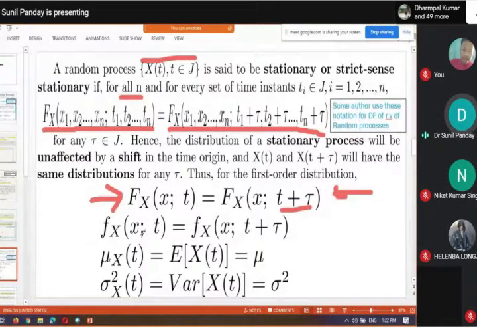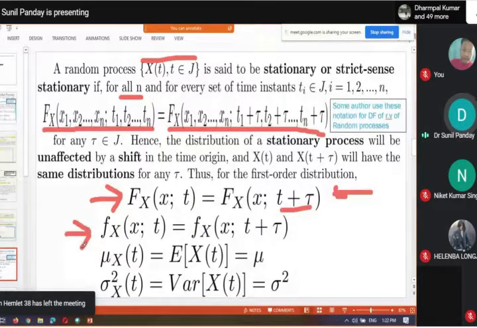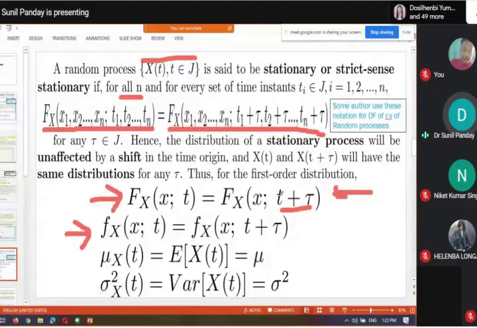Now another view, in terms of the density function. You can interpret this definition in the same way: X_(t+tau) is at a different time instance, and the density function of the random variable X_(t+tau) is the same as the density function of the random variable X_t. So the density function is also the same.